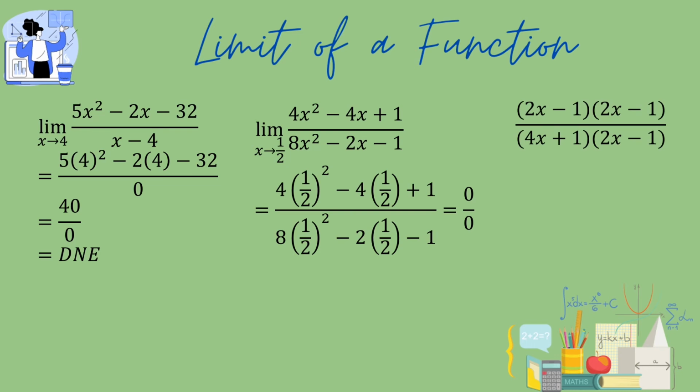And after cancelling, we obtain a new expression of quantity 2x minus 1 all over 4x plus 1. If the algebraic technique is applied in substituting 1/2 to x, we obtain 0 as our limit.